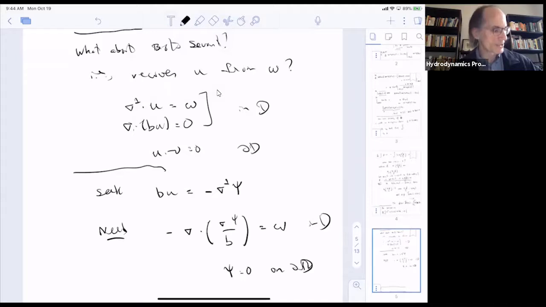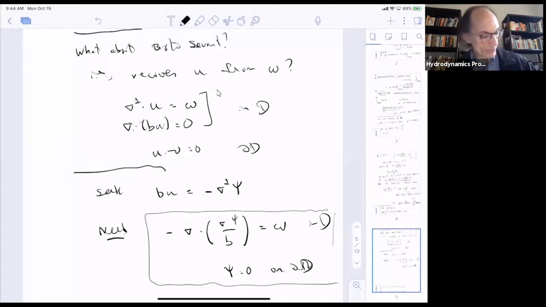Okay, and so remember the way we found the Biot-Savart law earlier was we said, well, if there's no B, then this is just a question of inverting the Laplacian, and we have explicit formulas for that from PDE classes. In general, for a general domain D we can't do much more. Although actually there are good approximations.